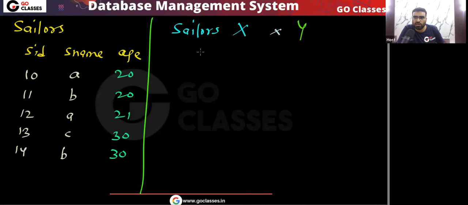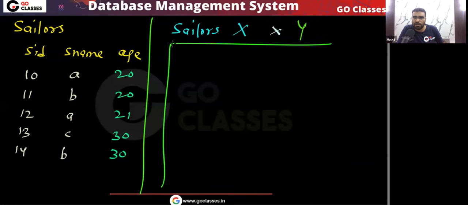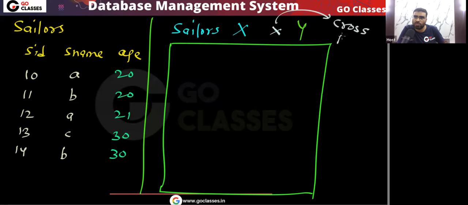Every tuple, remember, how many will be there in the cross product? So you can see 5 into 5, there will be 25 tuples.